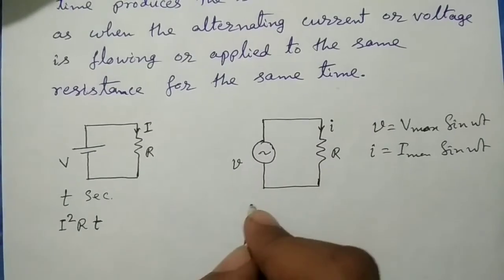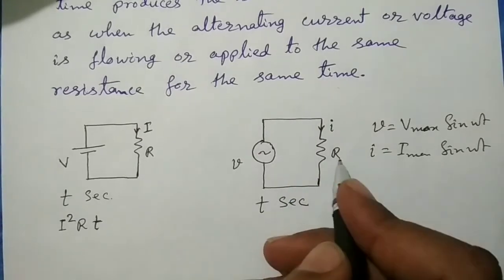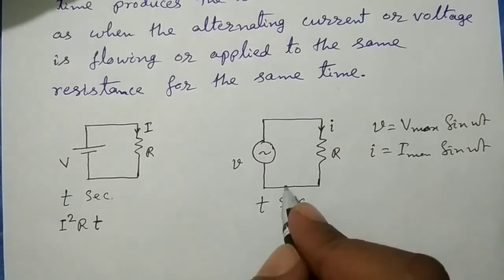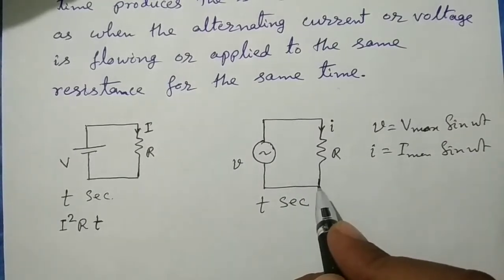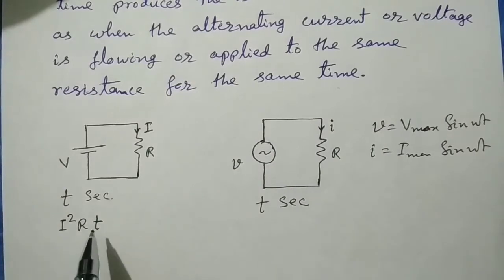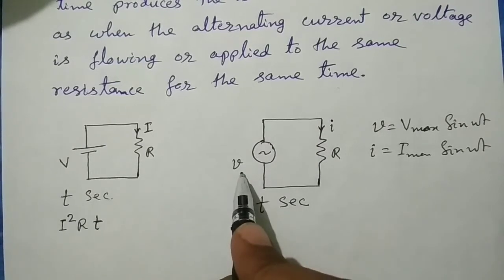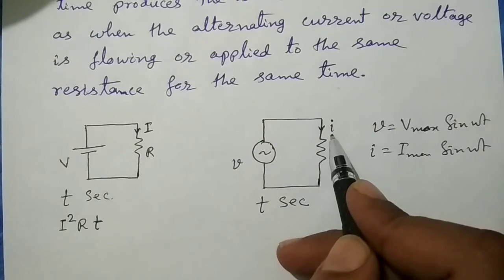We consider the circuit again for t seconds. We apply the voltage for t seconds. Therefore, if the amount of energy produced in the AC circuit is the same as that produced in the DC circuit, then this V will be considered as the RMS value of this alternating voltage, and the current in the DC circuit will be considered as the RMS value of this alternating current.